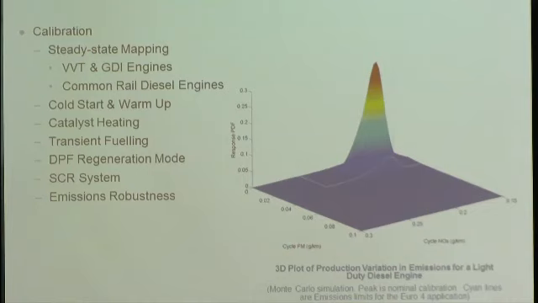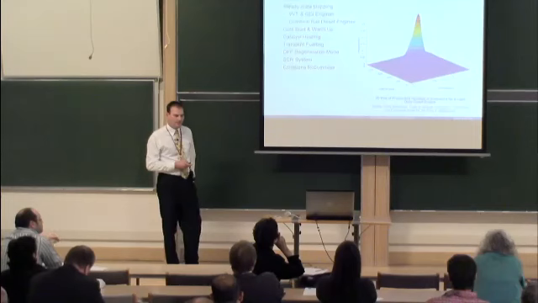So this would be the nominal engine emissions, and these are predictions of the spread of emissions for a population of engines through simulation. And from that we can see what percent of vehicles will be outside emissions limit.